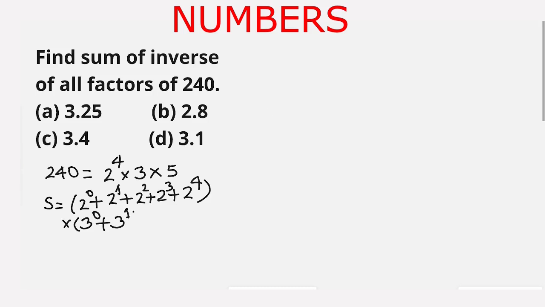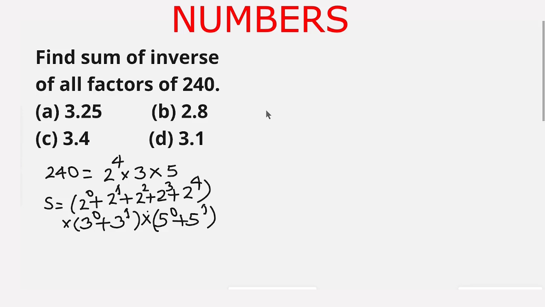Here the power of 3 is 1, so we have started from 3 to the power 0 and ended on 3 to the power 1. Again multiplied by 5 to the power 1, so we write it as 5 to the power 0 plus 5 to the power 1. As the power of 5 is 1, so we started with 5 to the power 0 and ended on 5 to the power 1.